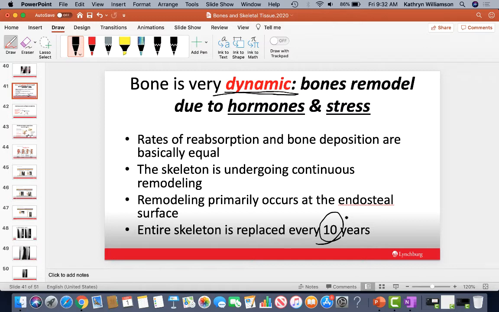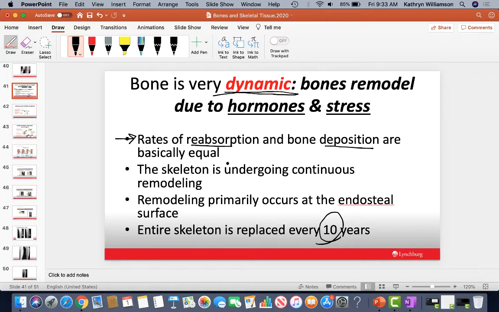They're constantly remodeling. And what we like to see is that the rates of bone reabsorption and bone deposition, so breaking down bone and creating bone, are basically equal, because then we end up with good, strong bones that are not likely to have stress reactions or break.